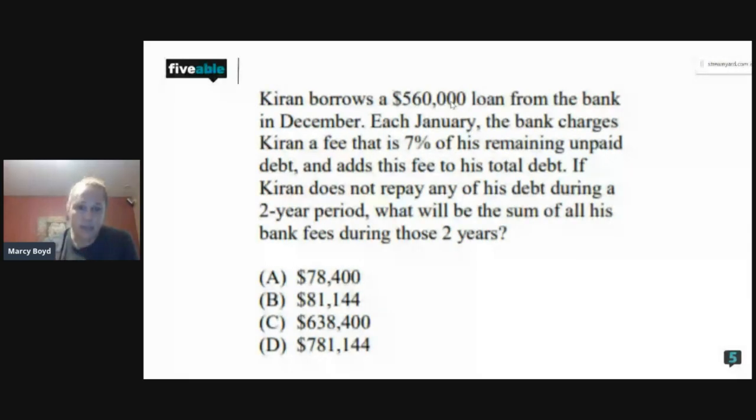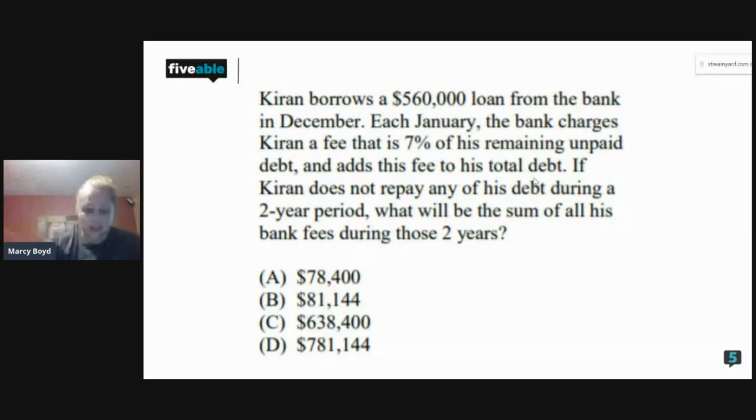And then it says it adds the fee to his total debt. So I need to take that 39,200 and add the 560,000. Because it says he's not paying and not borrowing more, at the end of the first year he owes $599,200.